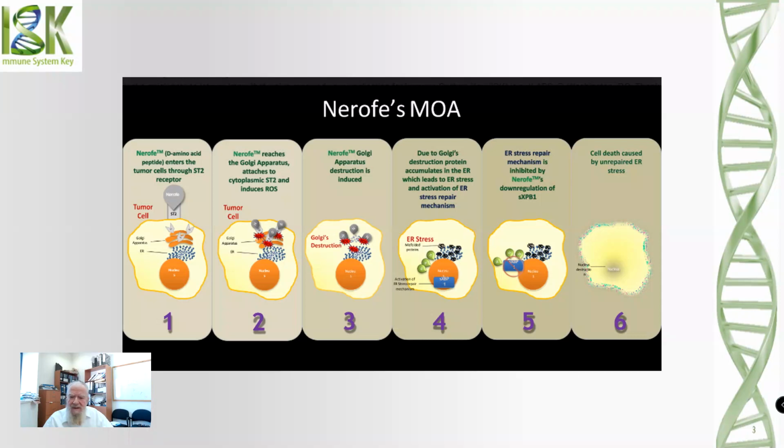As you can see in this slide, on the left side, we can see cells to which we applied Nerofe. Nerofe binds to the extracellular ST2 receptor, then it comes into the cell and concentrates in the Golgi apparatus, where the soluble ST2 splice form is concentrated.